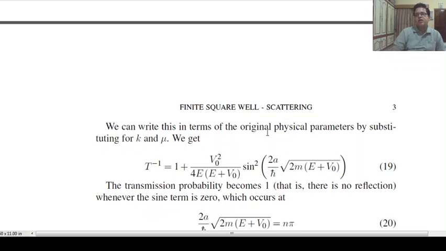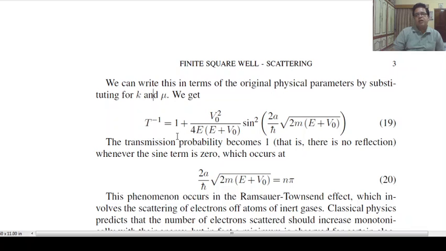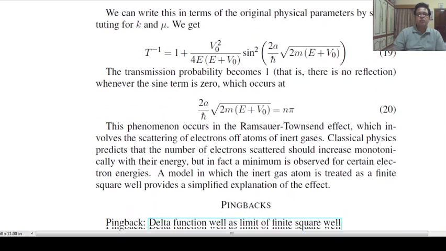We can write this in terms of the original physical parameters by substituting k and mu, which are expressions of E and V. By replacing we get T inverse equal to 1 plus V naught square upon 4E (E plus V naught) times sin square of (2a upon h bar under root 2m (E plus V naught)).